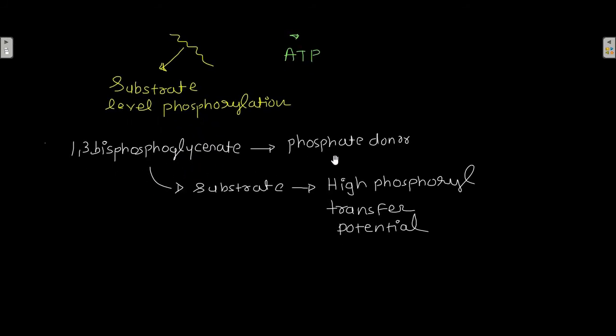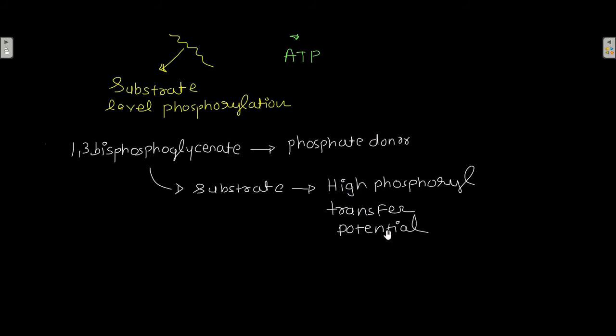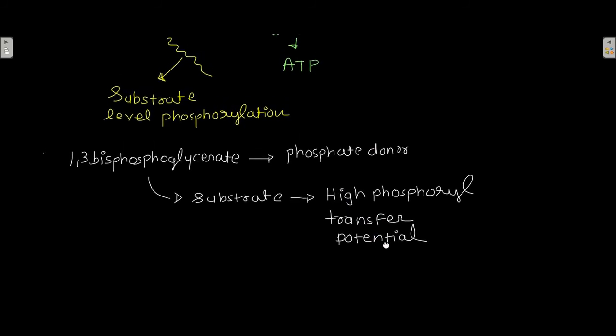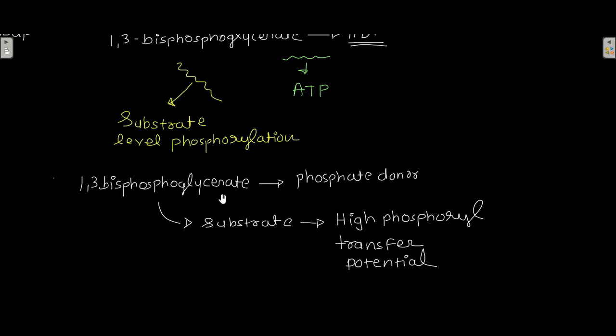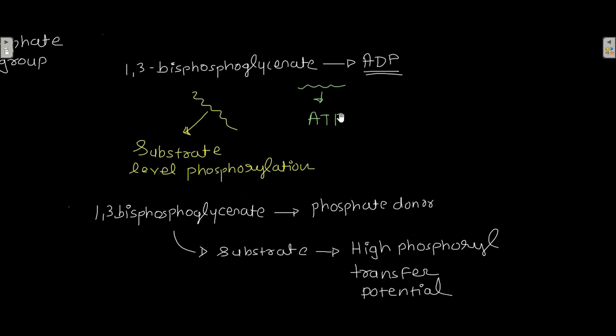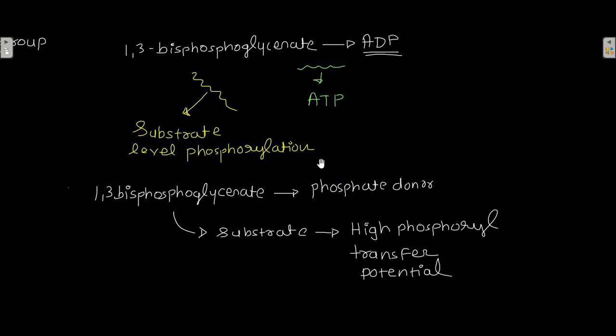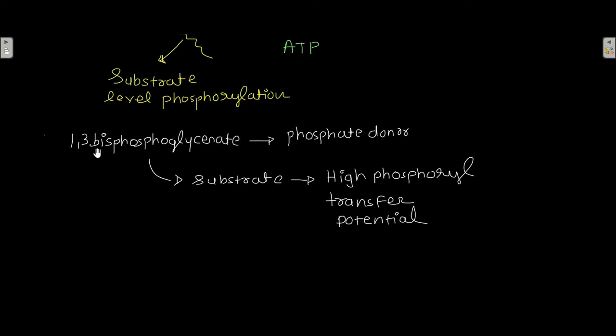This ATP formation is known as substrate level phosphorylation because 1,3-bisphosphoglycerate, which is acting as the phosphate donor, is a substrate with high phosphoryl transfer potential. So whenever a substrate acts as a phosphate donor and ATP is produced, that is known as substrate level phosphorylation. And why is 1,3-bisphosphoglycerate able to act as a phosphate donor?